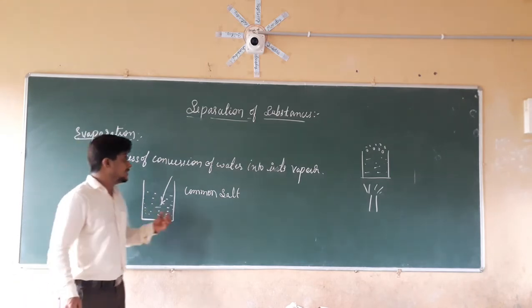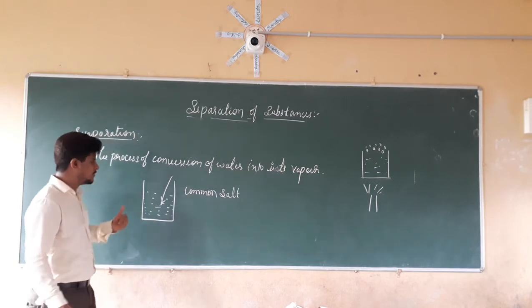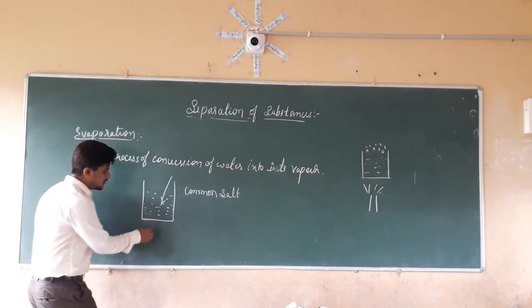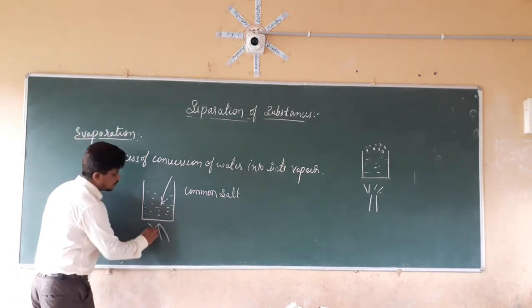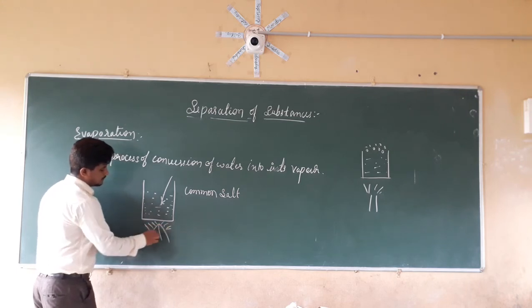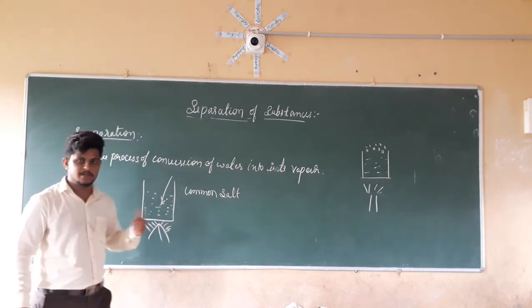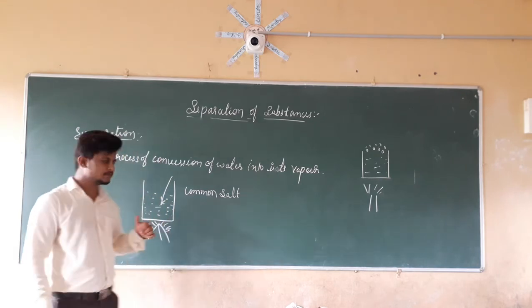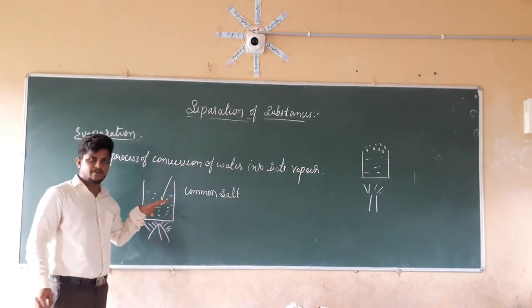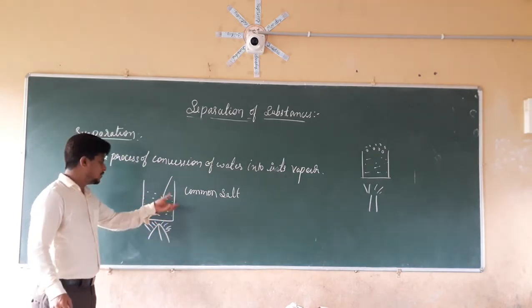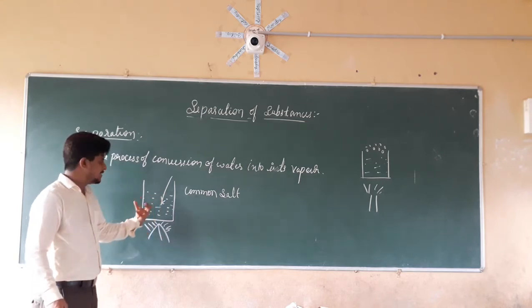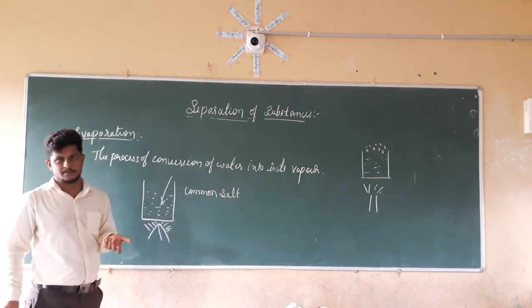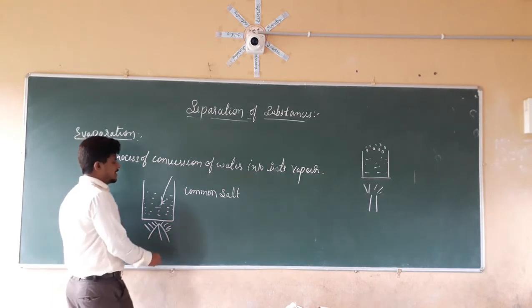So for separating common salt from the water, what do we have to do here? We have to continuously heat this water mixture. What will happen? Whatever water is present here is going to get evaporated.